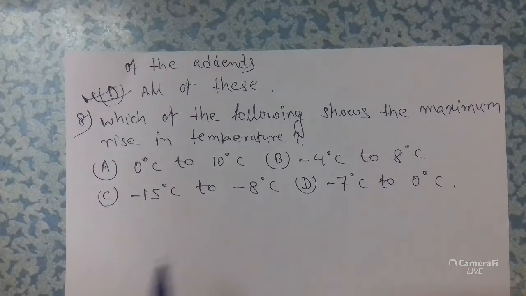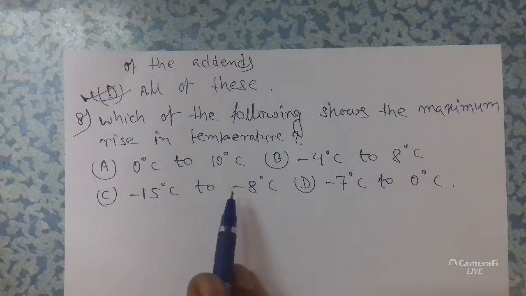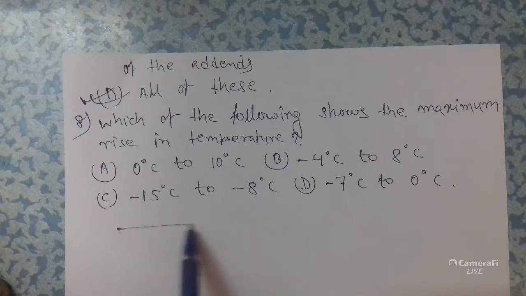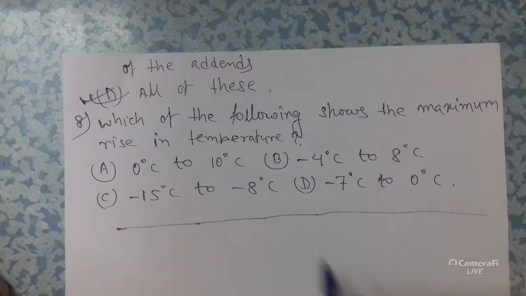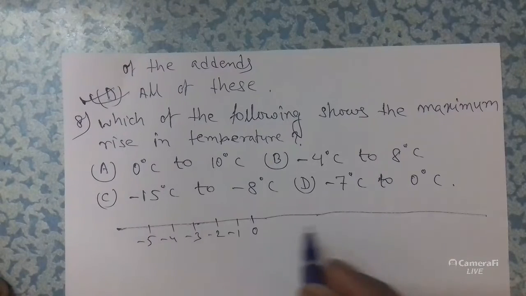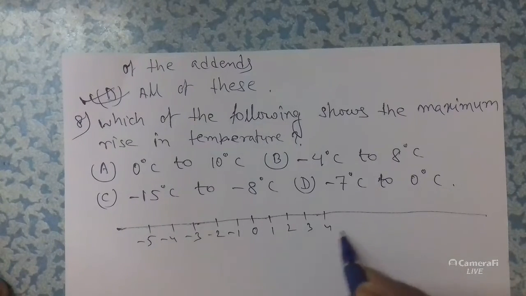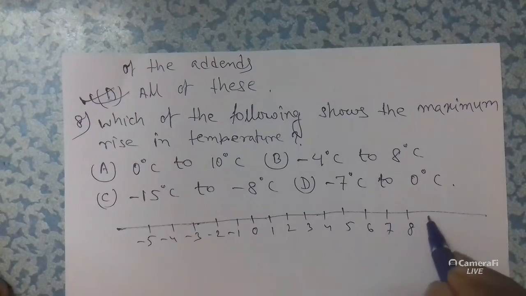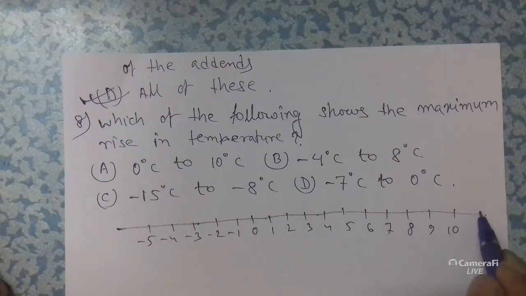So here 0 degree to 10 degree, that means 10 degree. Then minus 4 degree to 8 degree. So if we draw a number line, if it is 0 and minus 1, minus 2, minus 3, minus 4, minus 5, and here 1, 2, 3, 4, 5, 6, 7, 8, 9, 10.